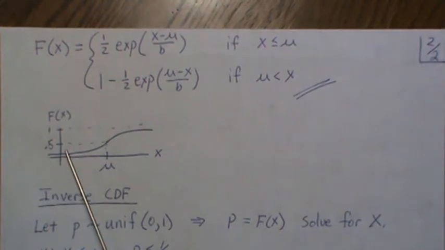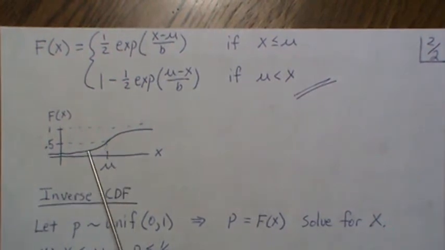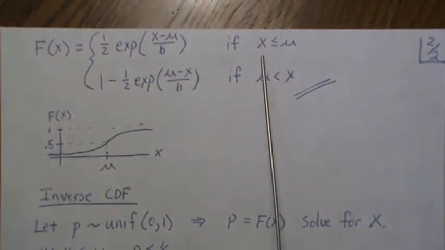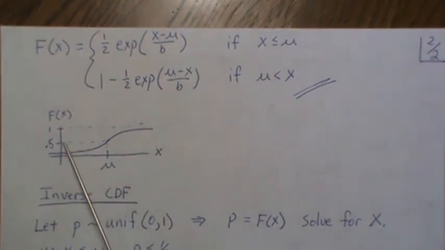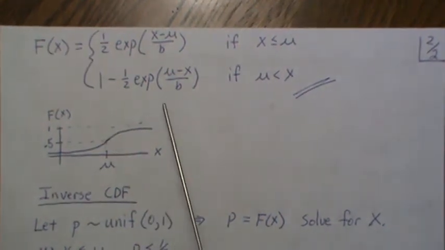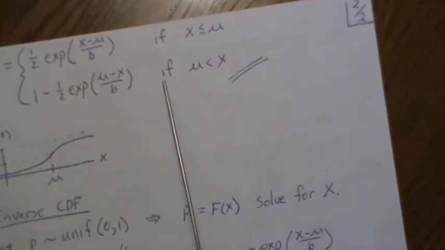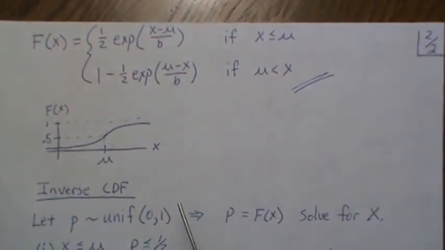But notice that when we get a variable less than p, we're only dealing with this piece here, and if we generate a random number from 0 to 1 that's bigger than 0.5, we're only dealing with this upper part right here. So we have to think about it in two pieces.